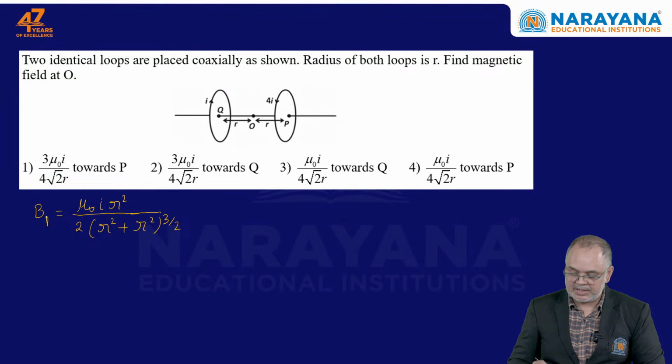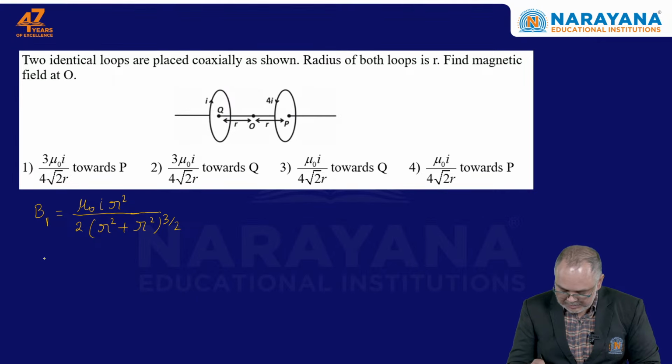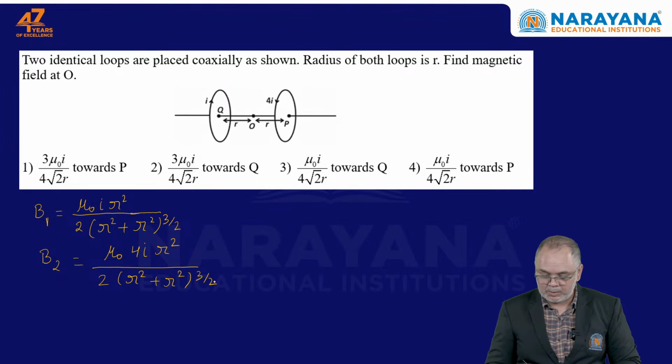So (r square plus r square) to the power 3 by 2. I am considering this field as B1. Now B2. Here only the current value will change: mu naught into 4i r square divided by 2 into (r square plus r square) to the power 3 by 2.